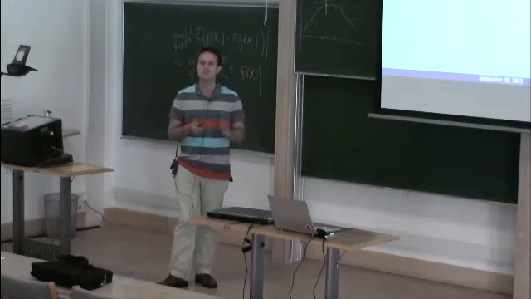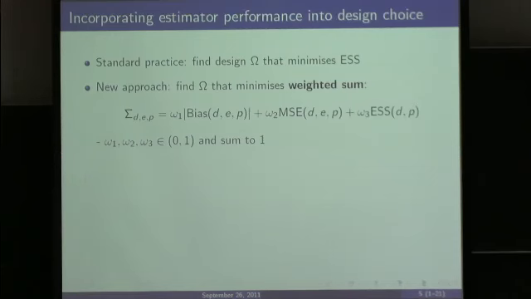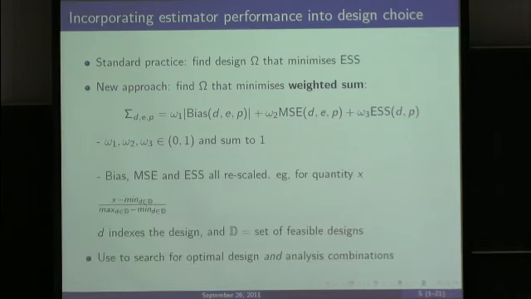So rather than choosing a design which minimizes the expected sample size, we find a design which minimizes some weighted sum where expected sample size is one component, but bias and mean squared error also play a role. So bias, mean squared error and expected sample size are given some weight, omega 1 to omega 3. Those weights are positive, and sum to 1.